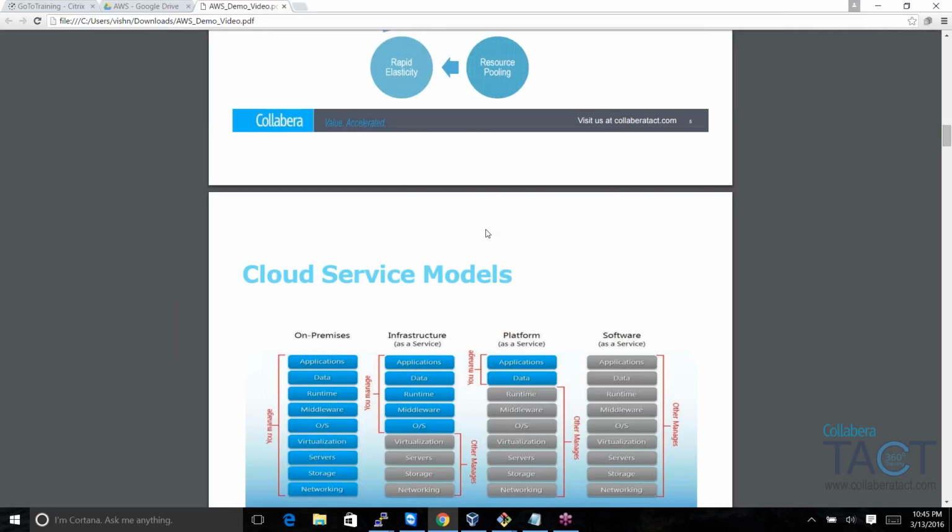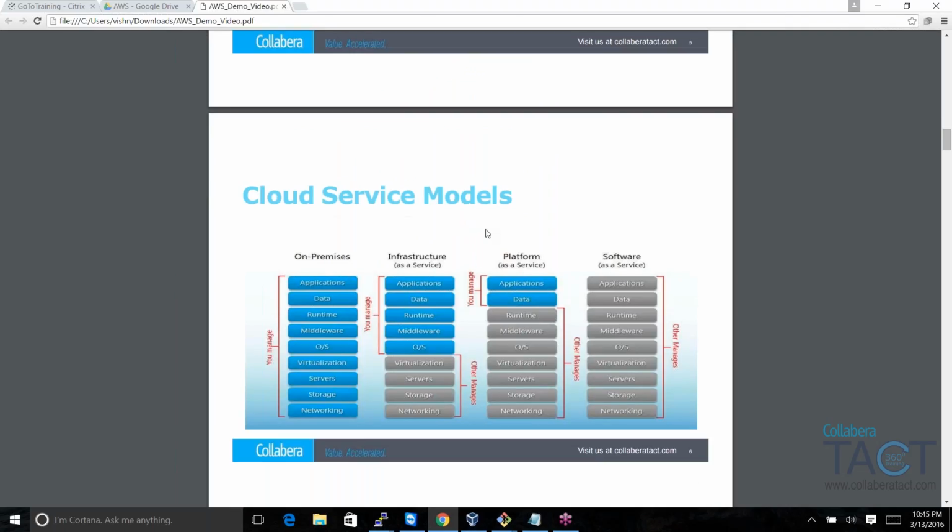For example, your telephone bill. If you go for a postpaid connection, by the end of the month, they will clearly tell you how many minutes you have spent talking, how many messages you have sent, how many ISD calls you made, how much data you consumed. So everything is measured. In a similar way, if a cloud service provider is providing compute service, database service, storage service, network service, say 10 different services, all of the bills that I get should be clearly measured.